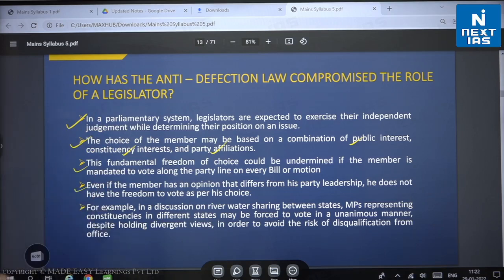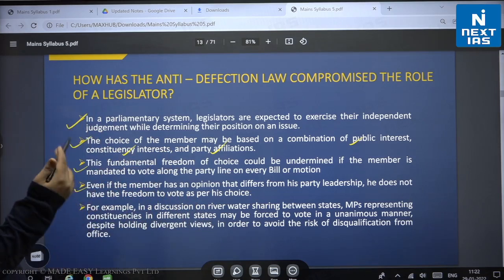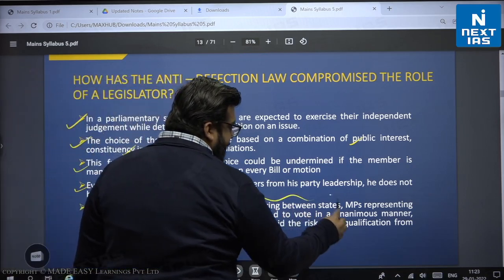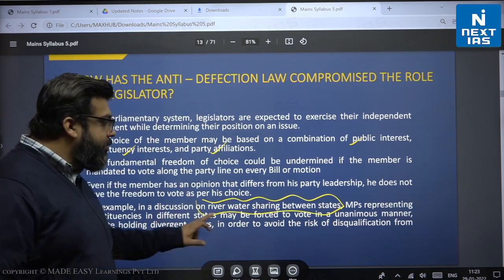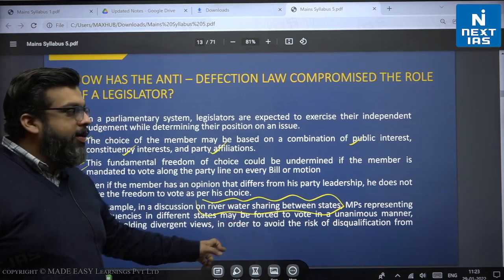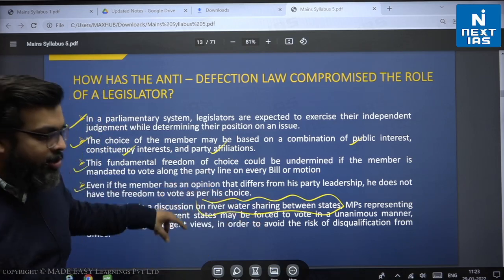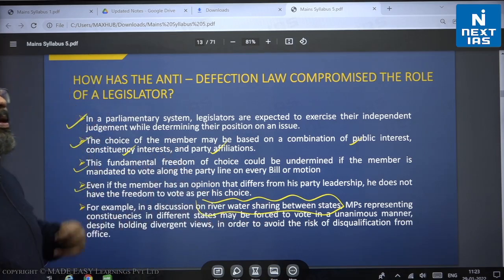And if every MP or MLA has an opinion which differs from the party stand, you are not allowed to express that opinion. Like, for example, let us say there is an issue of water sharing dispute between states. MPs who are representing constituencies in different states will have to be forced to vote in a certain manner. वो उनका constituency को affect करेगा, लेकिन उनकी उससे ज़्यादा उनकी नौकरी प्यारी है उनको.